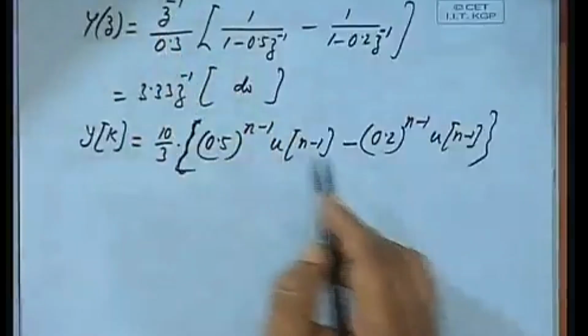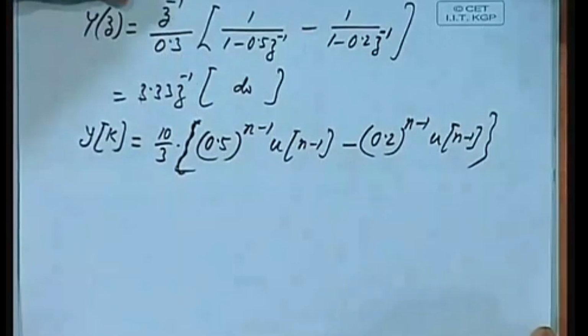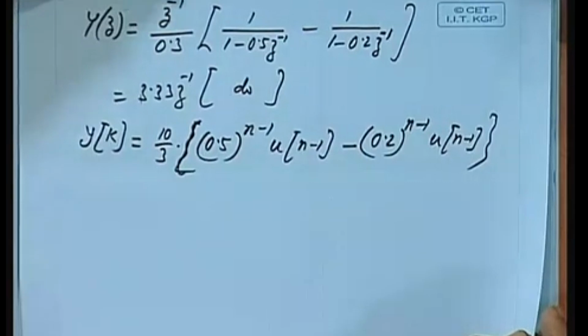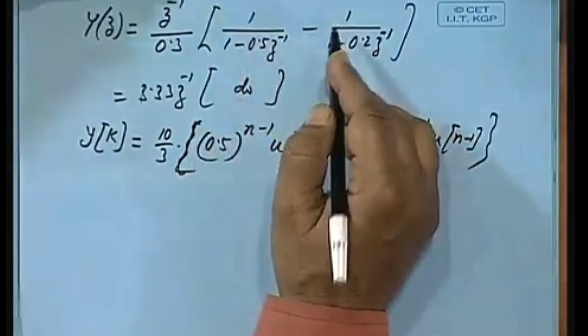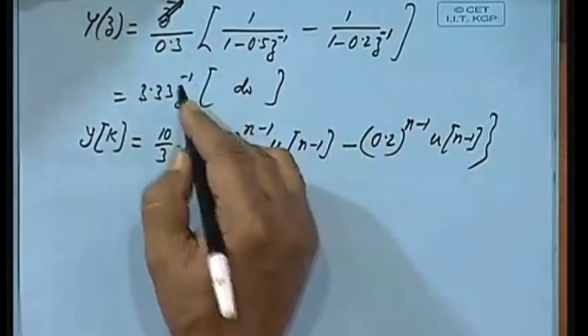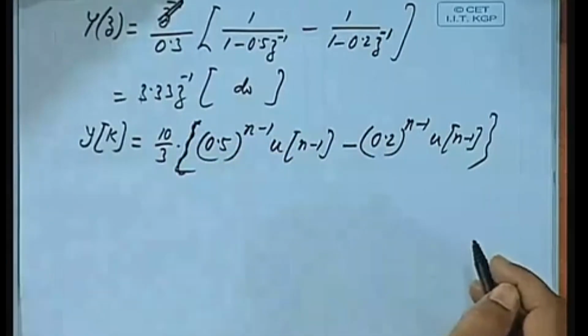Yes, please. Z inverse will come as n minus 1. Partial fractions, one will get cancelled. There is a Z inverse already coming in, so this will not be there. So, thank you very much. So, I need not have a Z inverse.